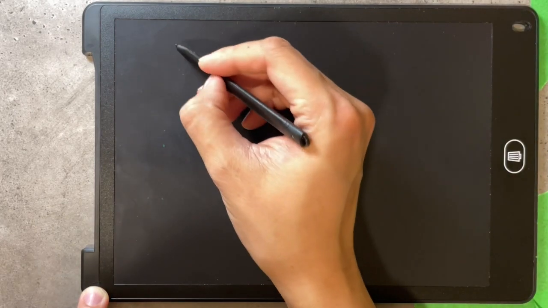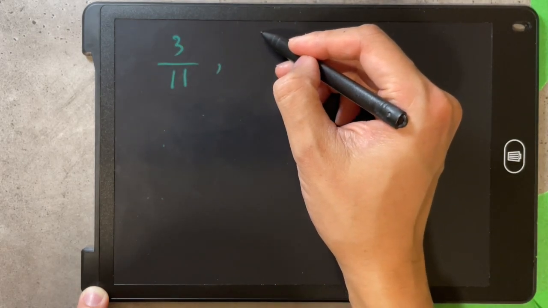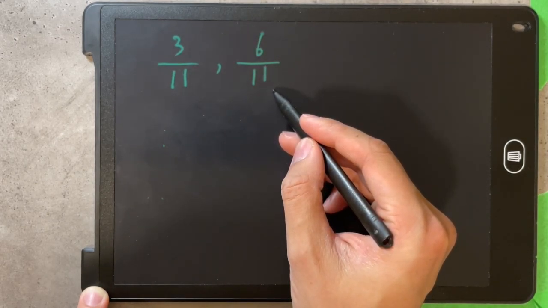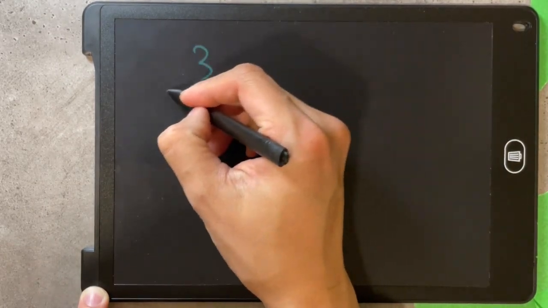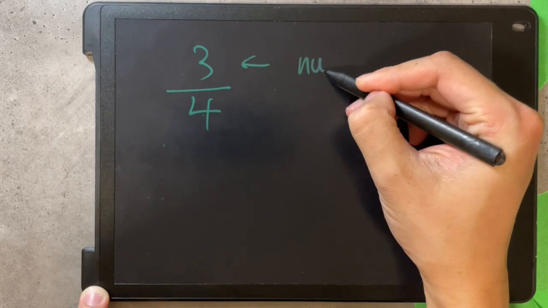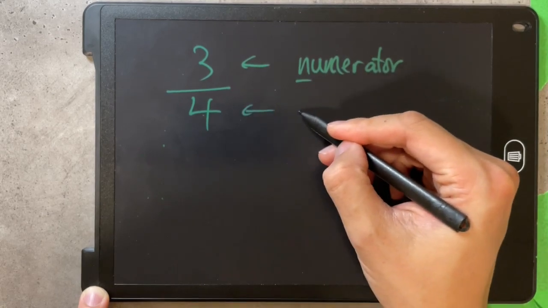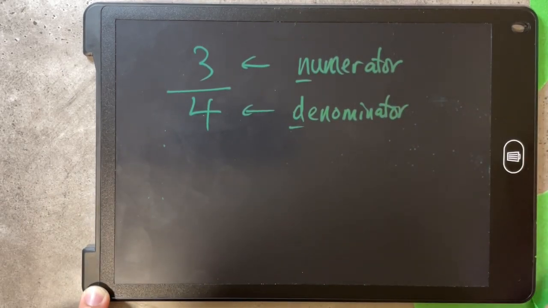So now, how do we compare fractions? Well, there are only 2 conditions. In a fraction, let's say 3 over 4, this top number is called the numerator, starts with an N, and then the bottom starts with a D, it's the denominator, sort of like Terminator.